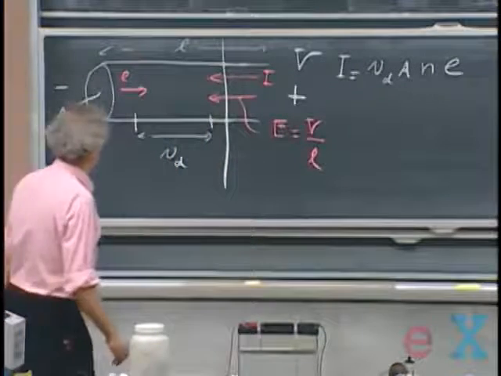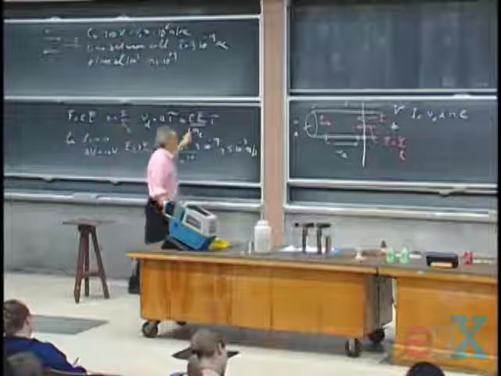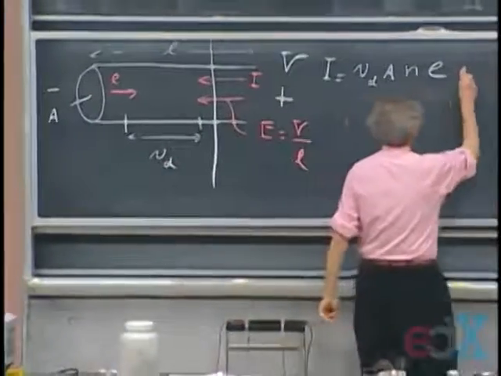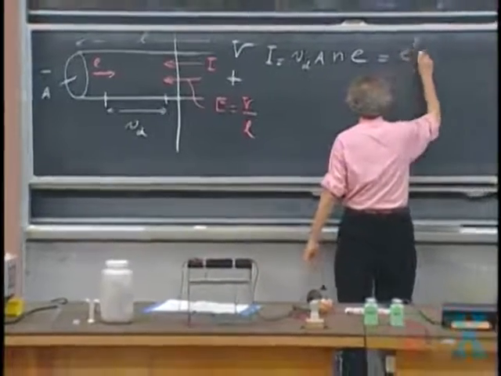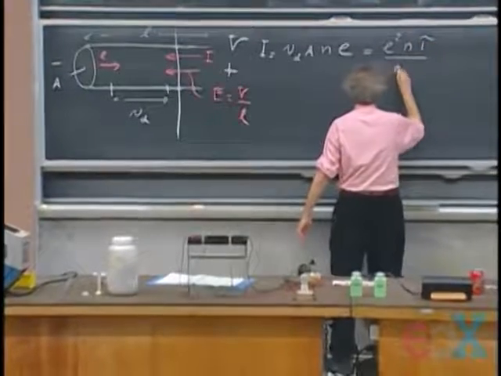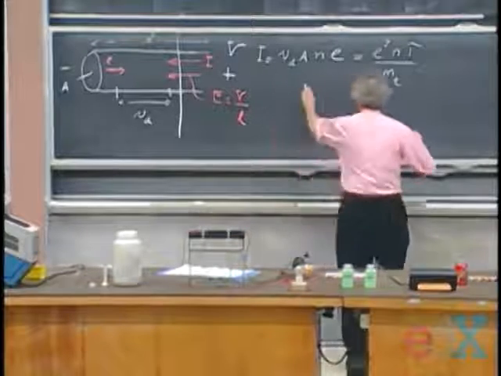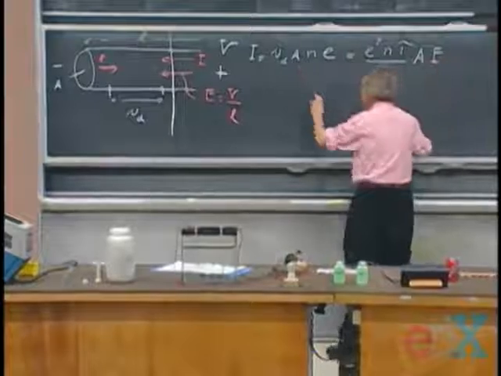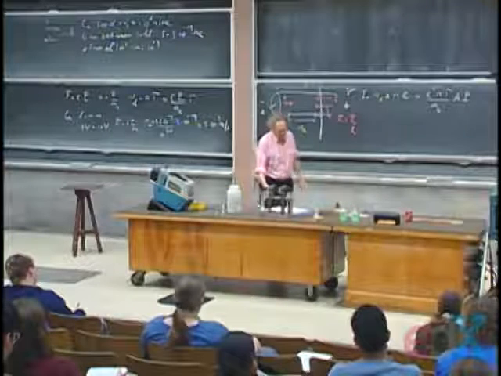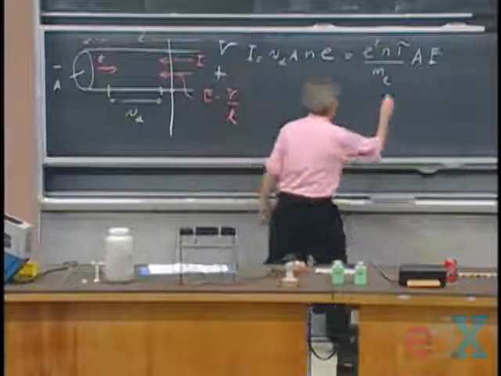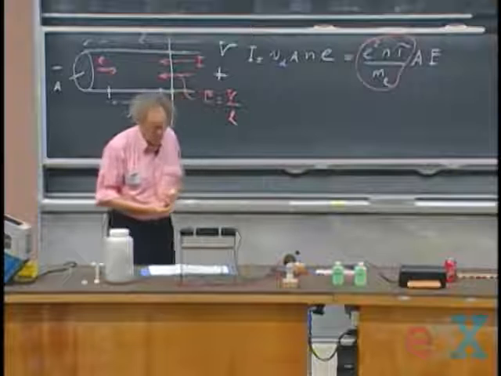If I now substitute the drift velocity, which we have here, I find that the current, I get E squared, a charge squared, I get N, I get tau, I get downstairs the mass of the electron, and then I get A times the electric field E, because I have here this electric field E. When you look at this here, that really depends only on the properties of my substance for a given temperature.